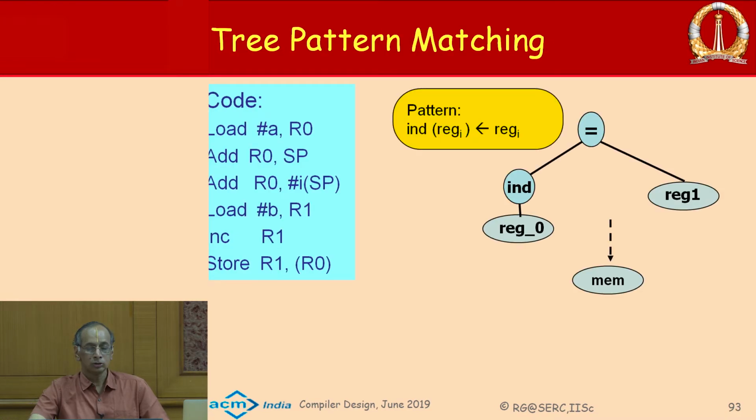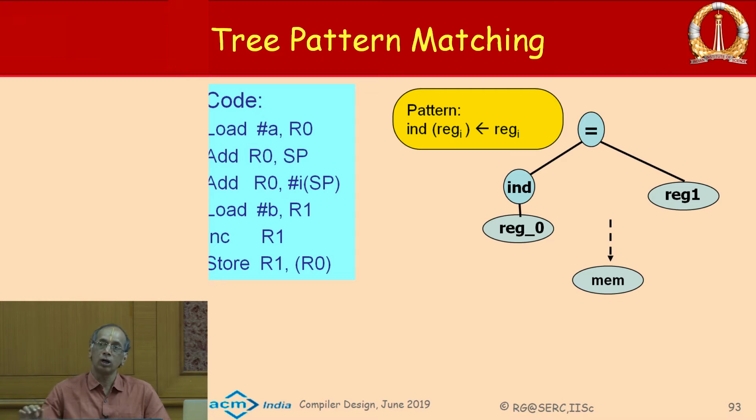So, essentially what you have in the tree pattern matching based code generator is that the code generator has a set of patterns, and for each one of those patterns you also have information about what is the code to be generated and how much cost it requires. Then the tree pattern matcher walks through the tree and tries to reduce each part of the tree or subtree to a pattern, and then for that pattern what is the cost.